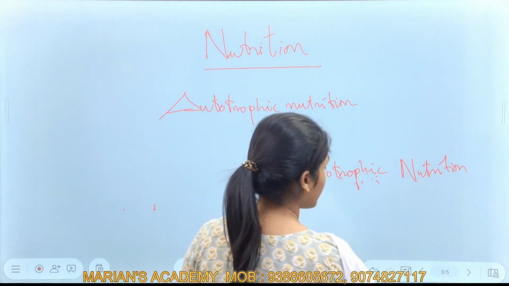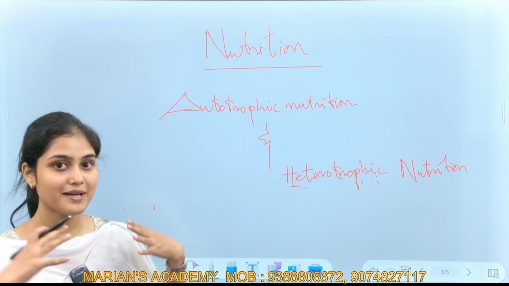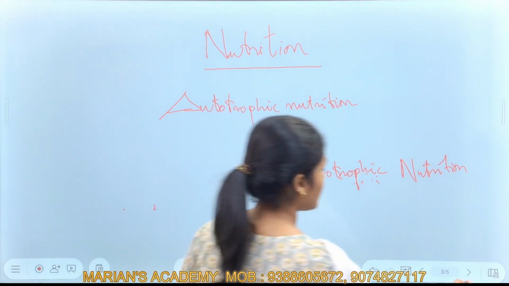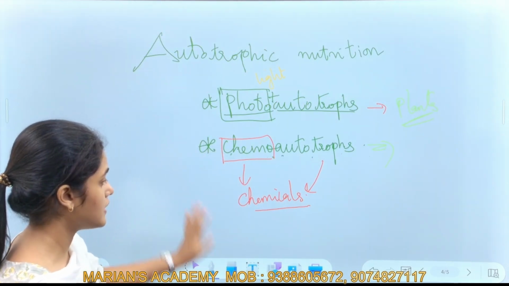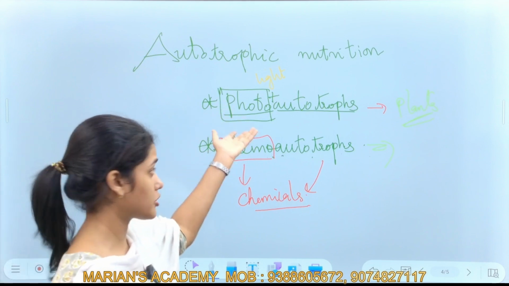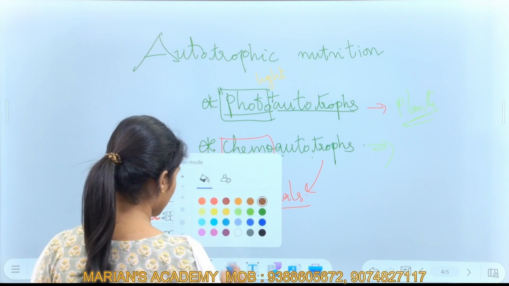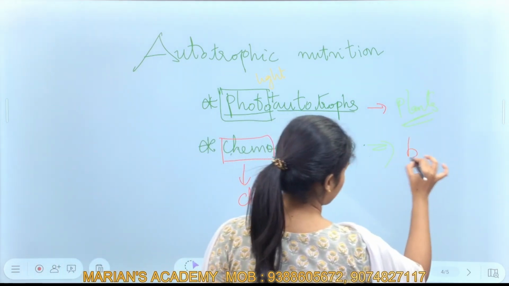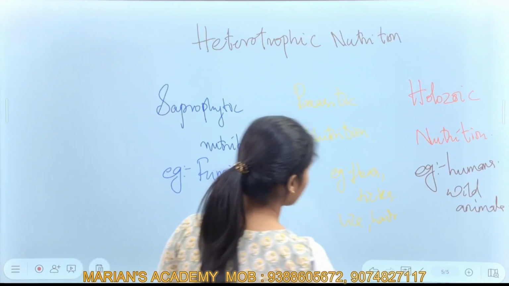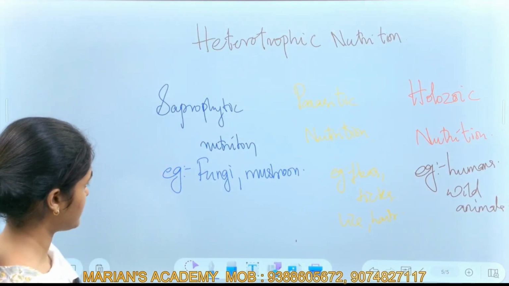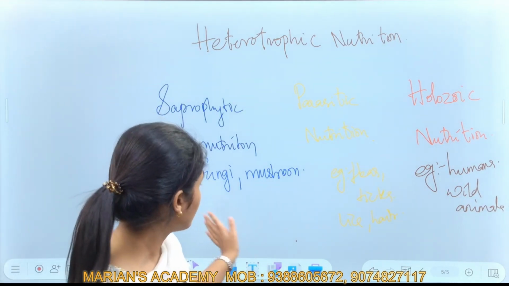I am not going to show the table again because we had a great discussion about that. The autotrophs can be divided into photoautotrophs and chemoautotrophs. Photoautotrophs use light, for example plants. Chemoautotrophs, for example bacteria. Then we classified heterotrophic nutrition as saprophytic, parasitic and holozoic, and we know the examples.